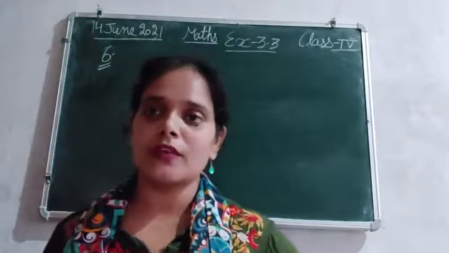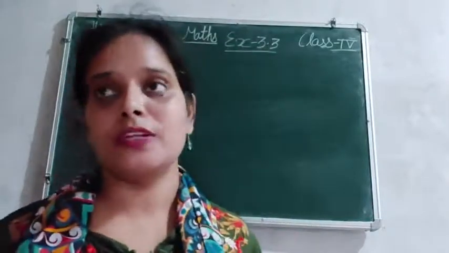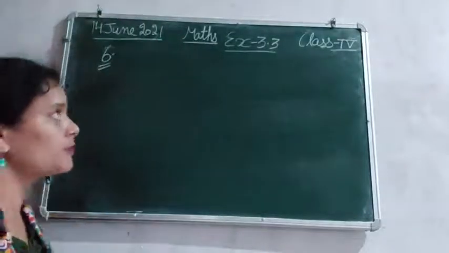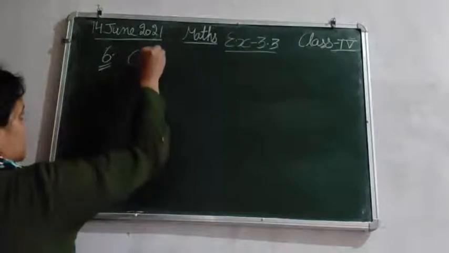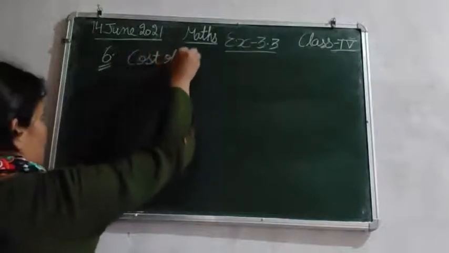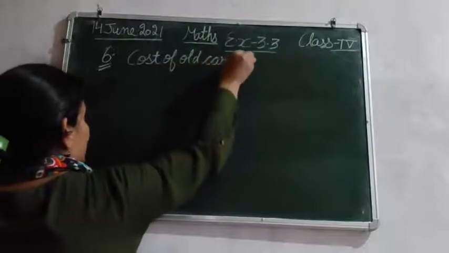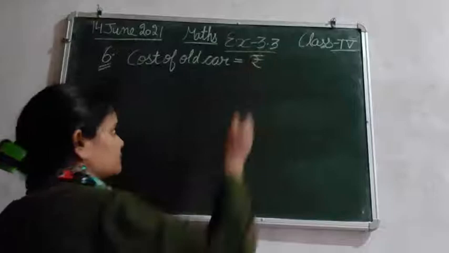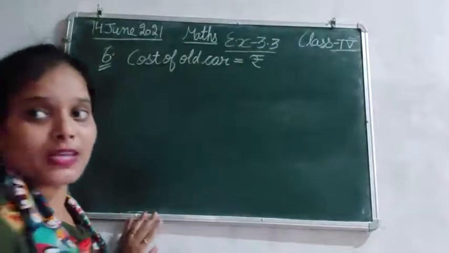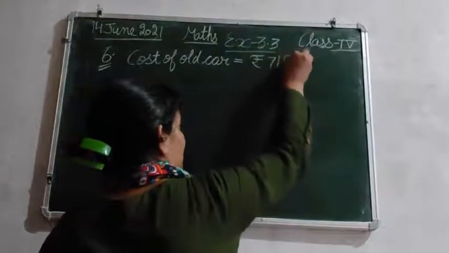Okay, so first of all, as we have done in question number 5, we will do in this as well. लिखिए cost of old car. अब ओल्ड कार की कॉस्ट कितनी है? दैट इज रुपीज 71,819.